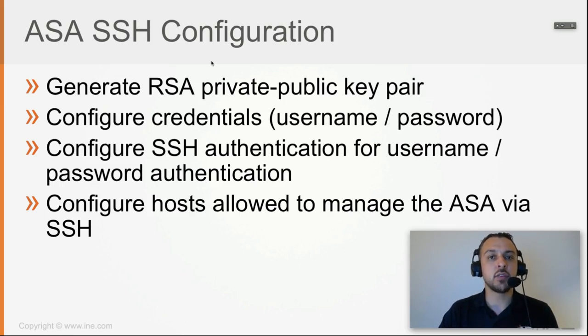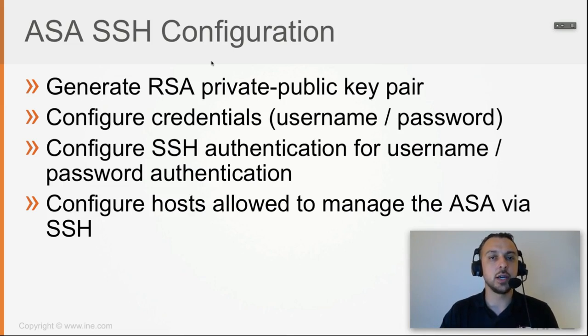While the ASA is the other way around. The router is going to be open by default. You have to secure it. The ASA is closed by default. You have to open it for specific management sessions from specific sources. Because the ASA is a dedicated security device, it makes sense that by default it's closed.